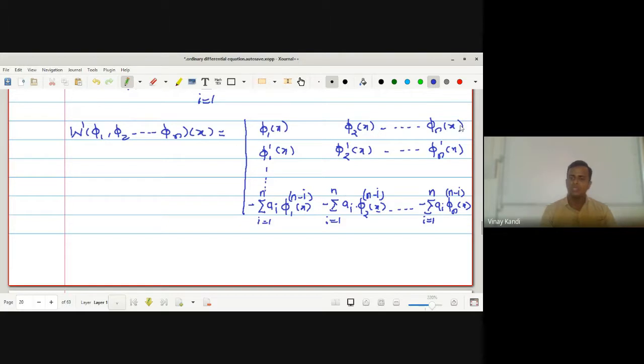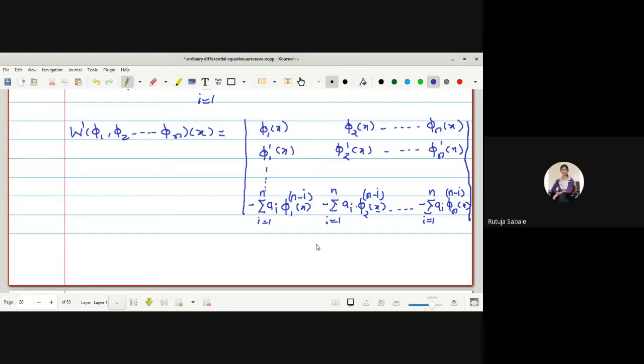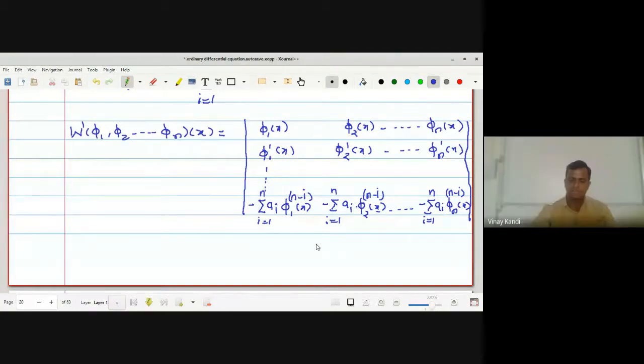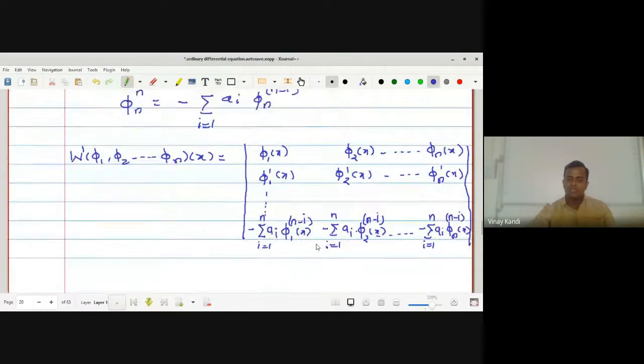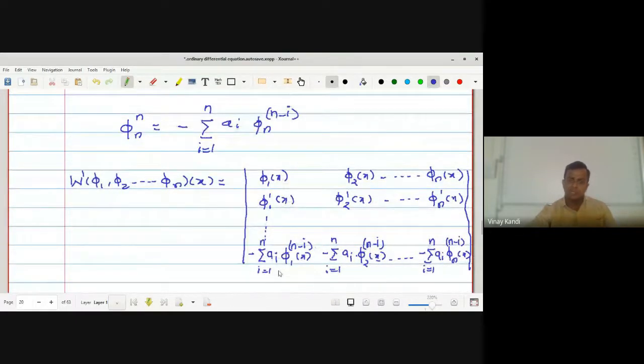So this determinant is covered here. Okay, any doubt up to here? No, sir. Okay, now after expanding the above determinant, we get, expanding means we have to run this summation.